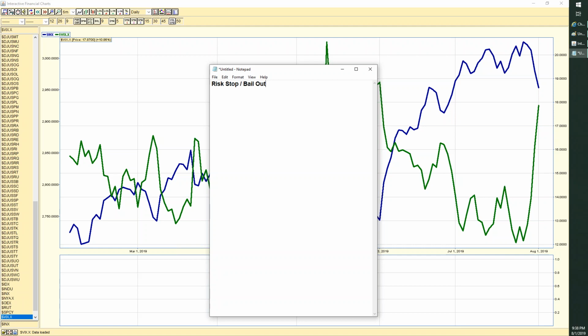And once you've set that risk stop and bailout, let's take a moment and talk about how to set a risk stop or bailout. You should look at the behavior of the position.